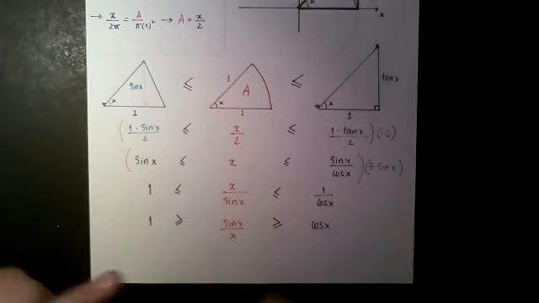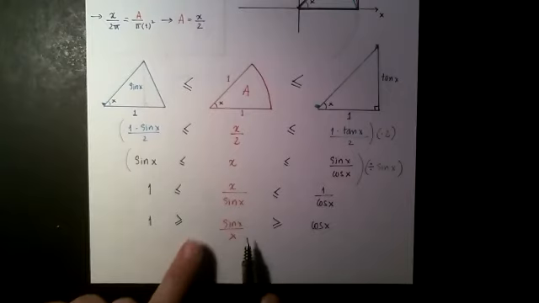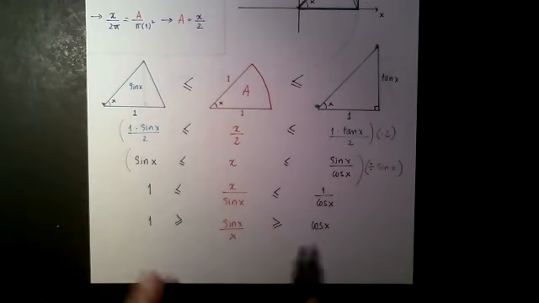If I flipped everything, the signs flip as well. So I just showed that sine x over x is always included between 1 and the cos of x. For any value of x, this is between these 2 values.